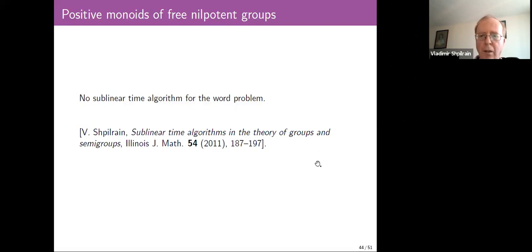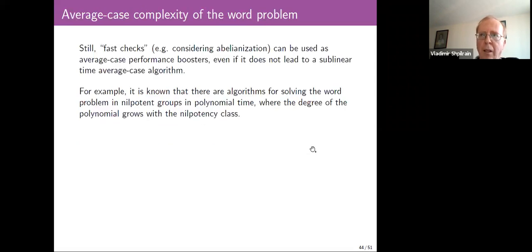And now the point that I have already made before in my talk, but I want to make again, is that this talk may create an impression that these sublinear time algorithms are rather esoteric, right?